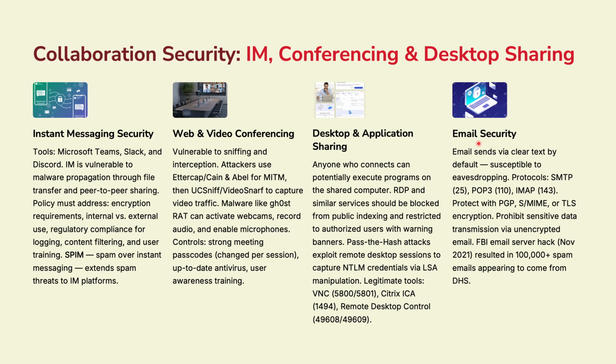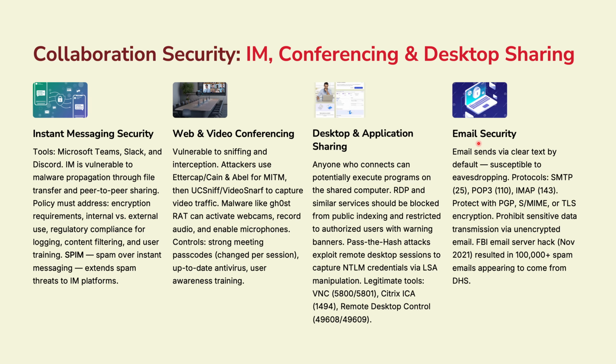There are encryption standards, including PGP, S/MIME (secure MIME), and TLS. These provide protection for sensitive communication, and organizational policy should prohibit the transmission of sensitive data via unencrypted email.